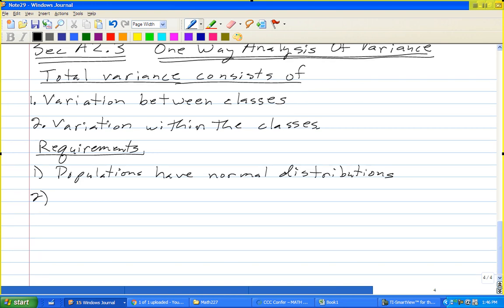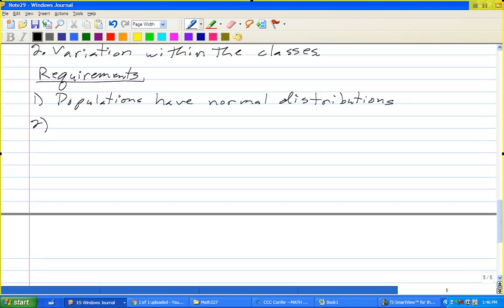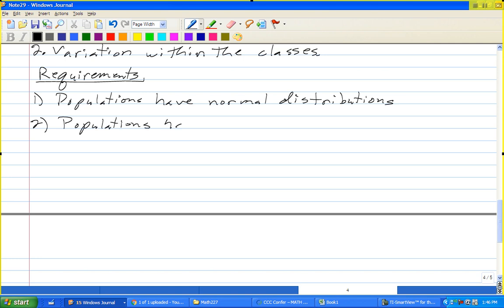Next, populations have the same variance. Next, the data comes from simple random samples of quantitative data.